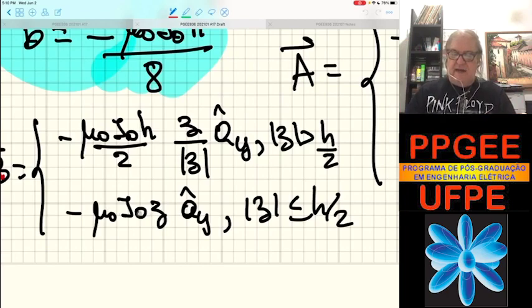Inside, we have a linear variation of field relative to Z. So at Z equals 0, the field is 0. It's to the left above and to the right below. It has a transition exactly in the middle of the region.